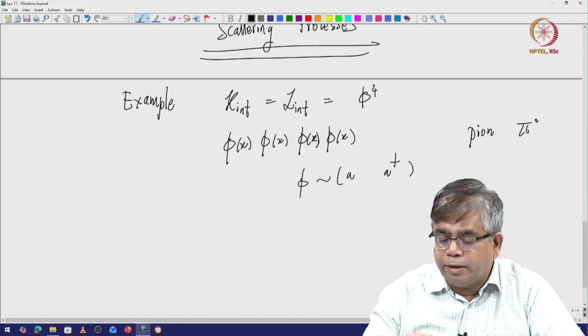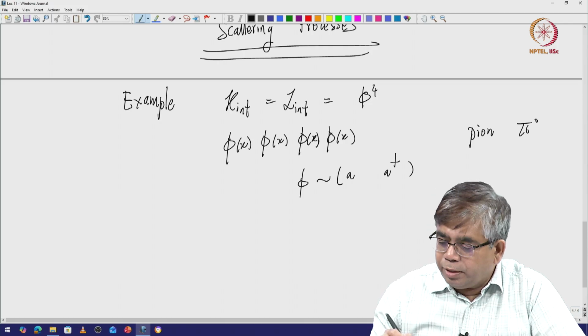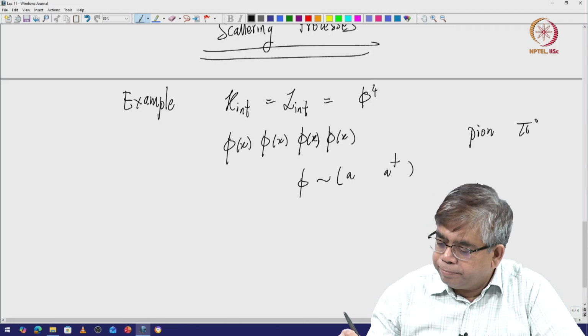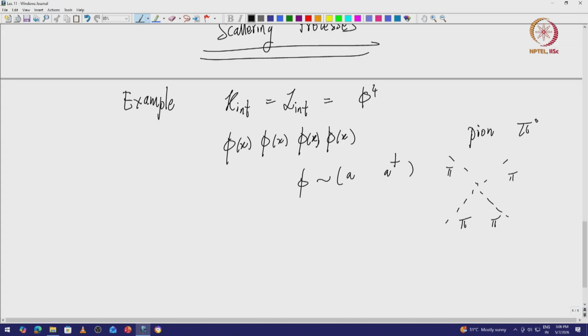If you have four A daggers acting on the vacuum, you are creating four pi particles at this interaction vertex. You can also have two annihilating; all of this is possible in this particular vertex, so two of them can be annihilating and so on.